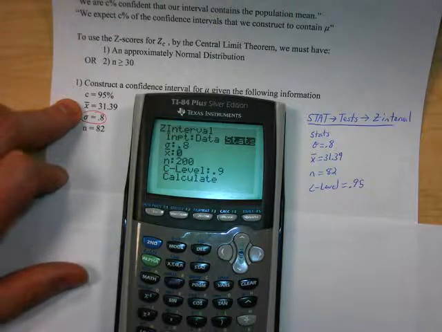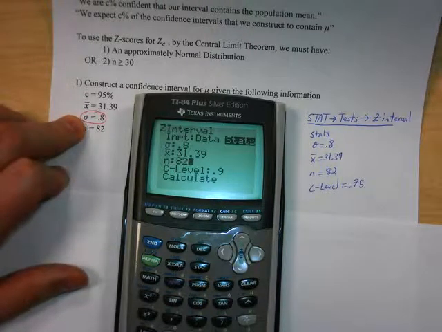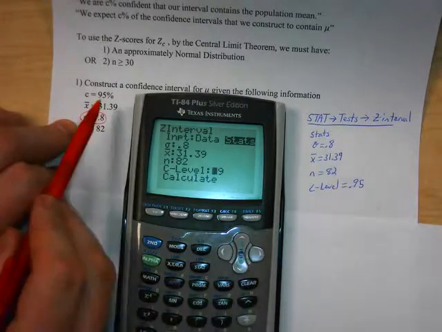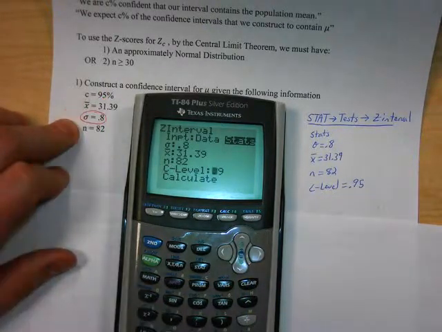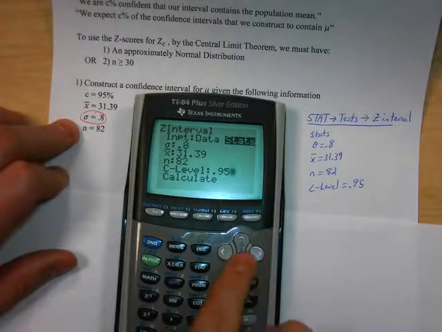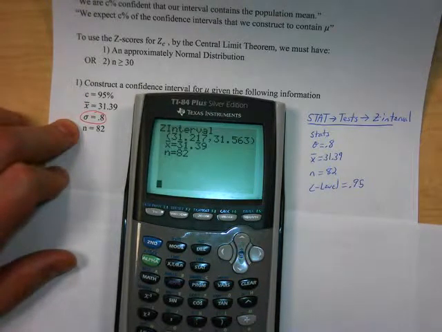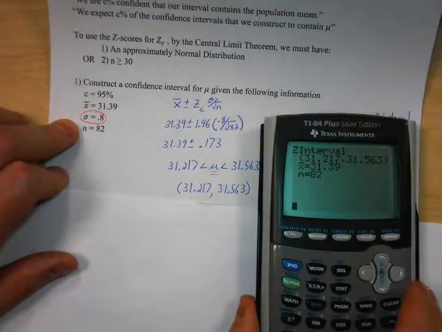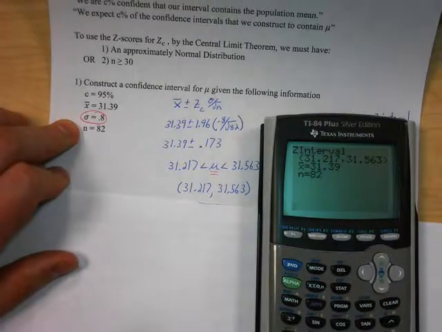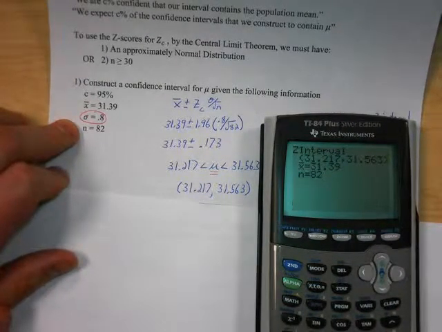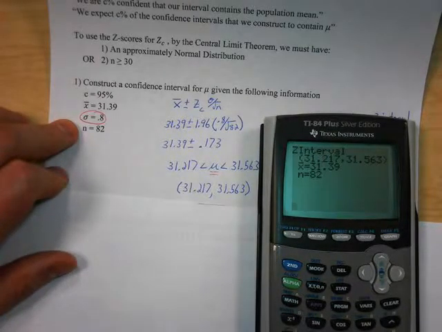The sample mean was 31.39. N was 82. Our confidence level, we wanted to be 95% confident, so that's 0.95, and then we calculate that, and that gives us the same answer: 31.217, comma 31.563.